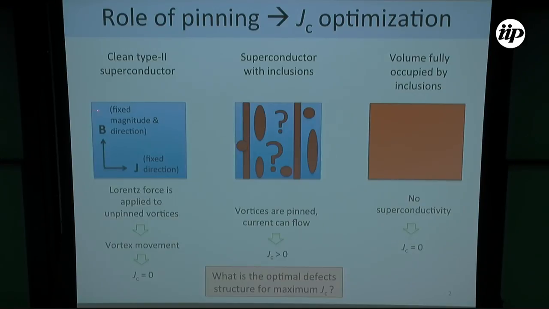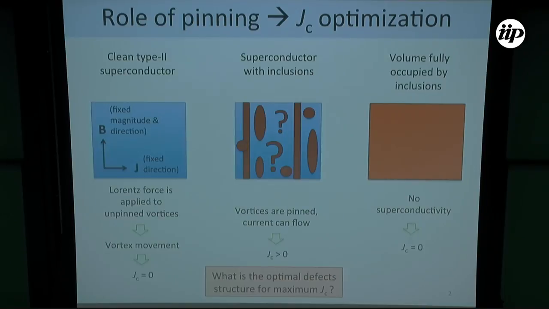So obviously, if we have just a clean type 2 superconductor, then the Lorentz force will act on vortices, and due to the vortex movement, the critical current will be very low or theoretically zero. In the opposite case, when we occupy the whole sample with defects, the superconductivity will be suppressed, and again, the critical current will be zero.